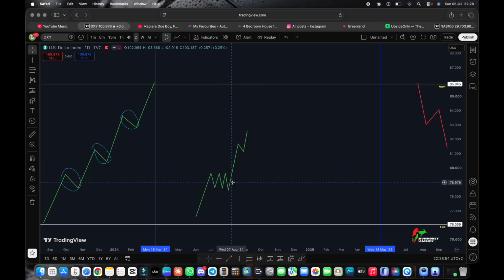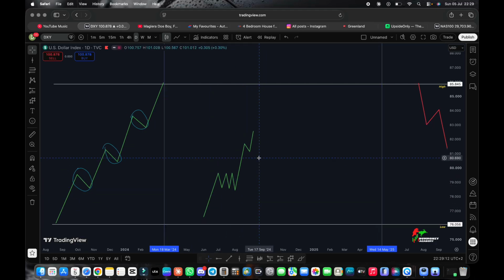For instance, this wave can appear on a weekly, on a daily, on a 4-hour chart, on a 1-hour chart, on a 15-minute chart, or a 5-minute chart, right?